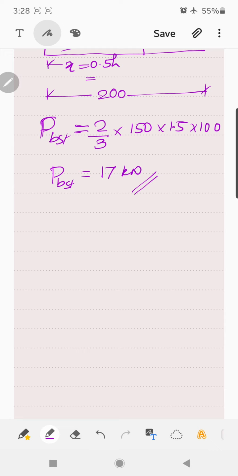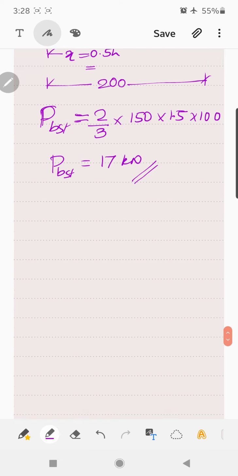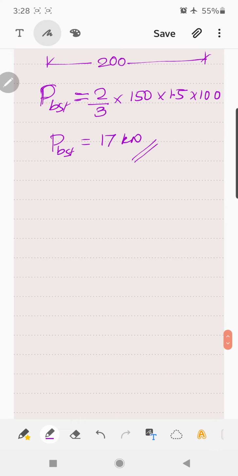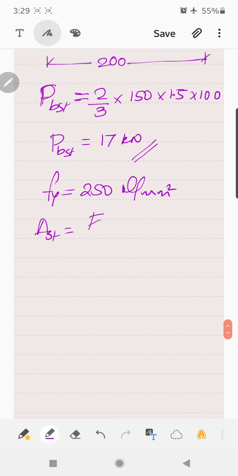If you want the area of steel, you have to design it for this bursting tension force. You can assume a steel stress value, Fy. Suppose I take Fy as 250 Newton per mm square, then area of steel required AST is equal to PBST divided by 0.87 Fy.